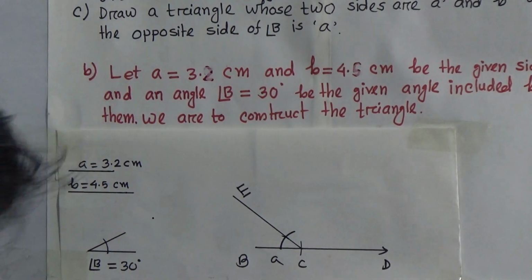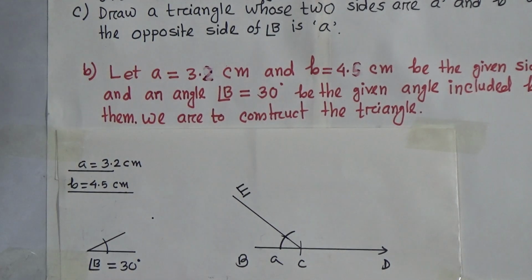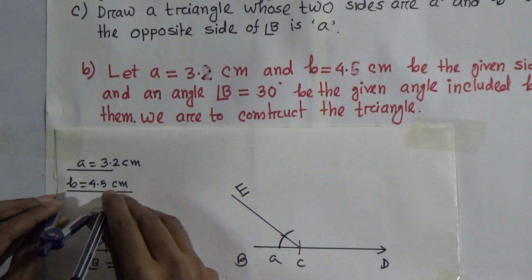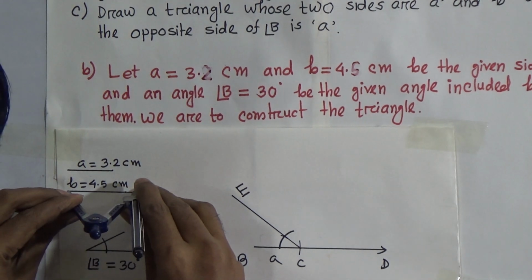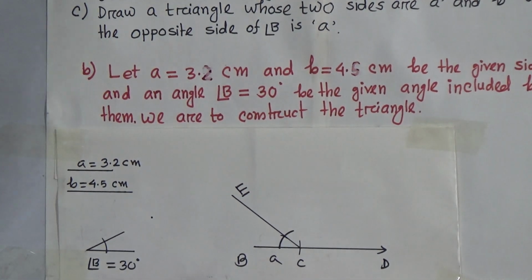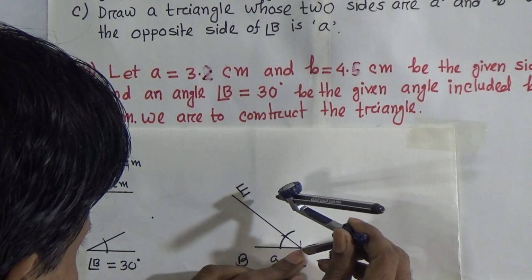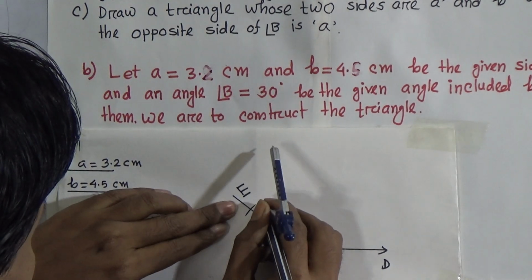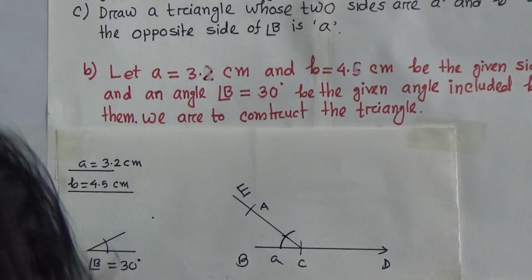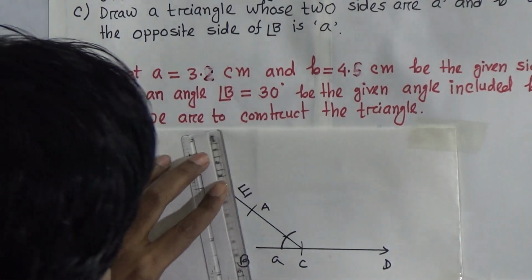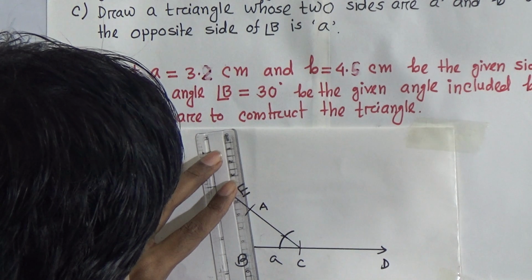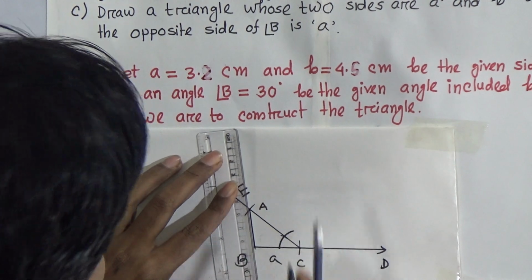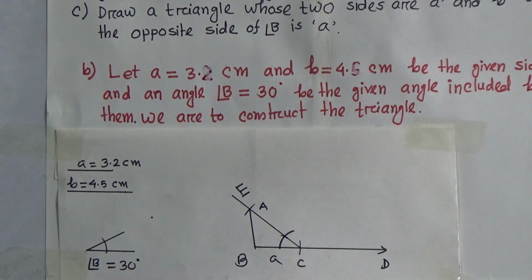Okay, now we cut off CA equal to B from CE. Okay, now cut. And this name is A. Now join A, B. Then ABC is the required triangle.